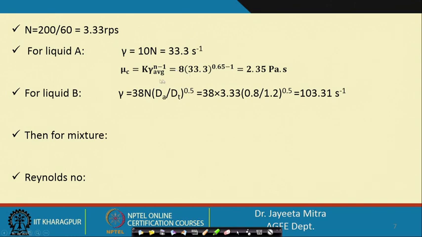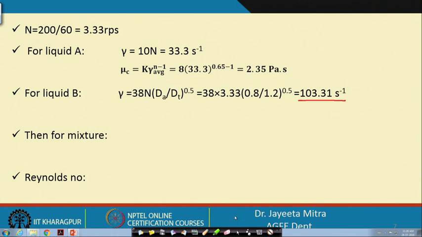So, 8 into average shear rate 33.3 to the power 0.65 minus 1. So, 2.35 Pascal second, and that is the apparent viscosity of the continuous phase. Similarly, for liquid B the shear rate is 38 into revolutions per second into dA by dT to the power 0.5. So, n value is 3.33 and the impeller to tank diameter ratio is 0.8 by 1.2 to the power 0.5. So, finally, the average shear rate is coming as 103.31 per second.